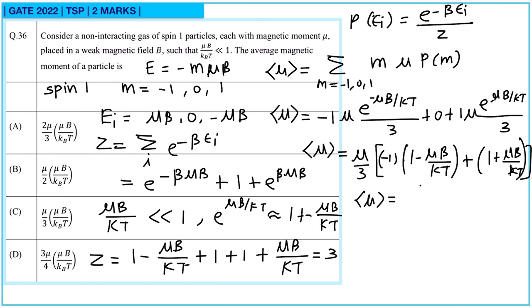So μ by 3 into this, minus 1 plus 1 will cancel out, and this will be 2 times μB upon kT.